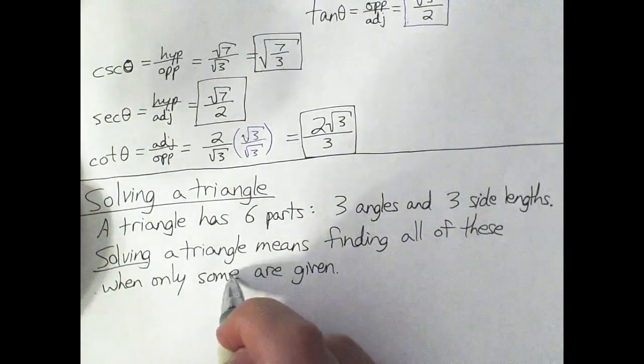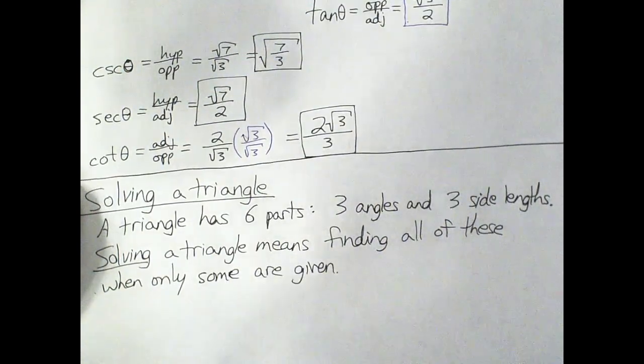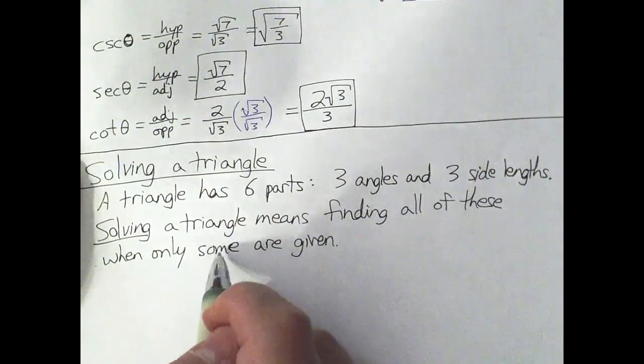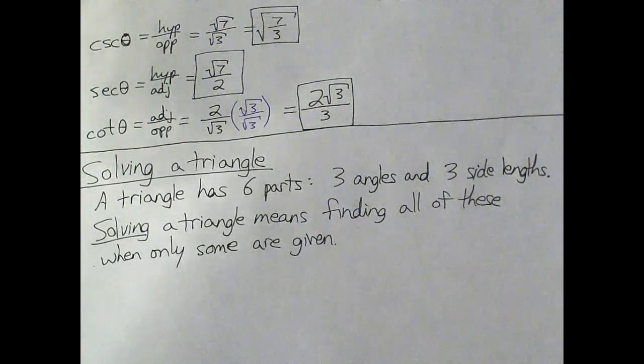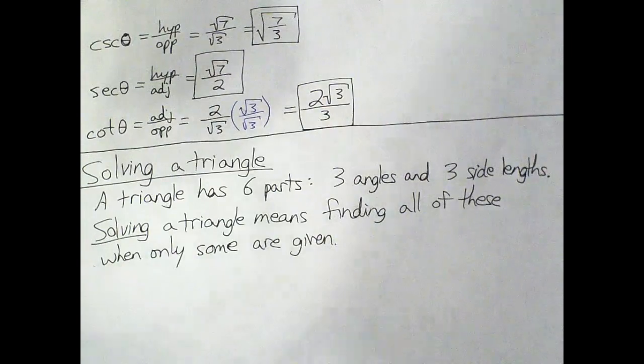Okay, so some of them have to be given. You can't just have a problem where nothing is given to you. So of the 6 pieces of information, we'll be given some of them, and we'll be tasked with trying to find the rest.